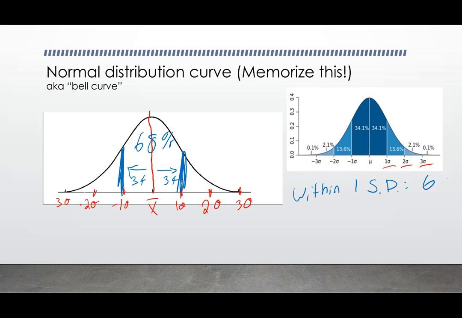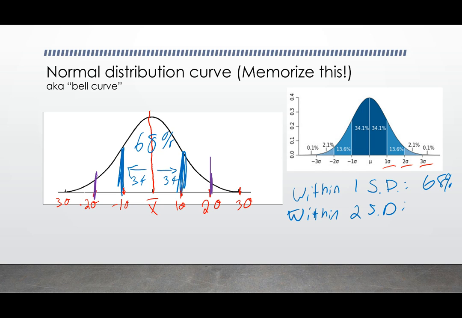Now, within 2 standard deviations, we're going to go out another branch. I do want to change to a different color to make it easier to explain. We'll go with purple.